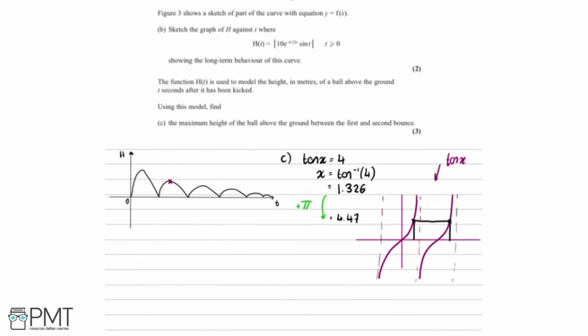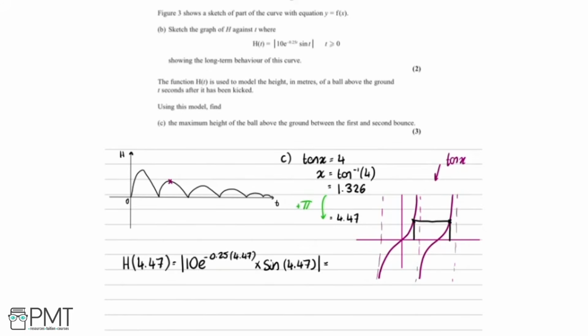So we need to find not what x equals, but this point here. So if we do h of 4.47, looking back up at the question, that's going to equal the modulus of 10 multiplied by e to the power of minus 0.25 multiplied by t, so in this case 4.47, multiplied by sine t, so 4.47.